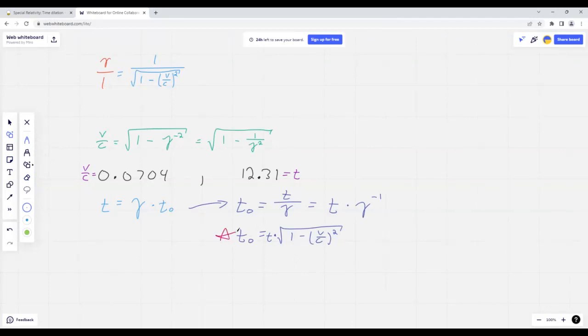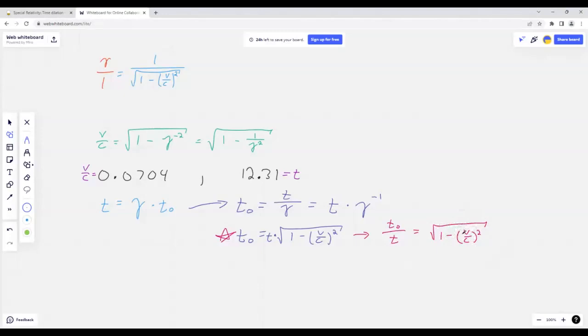So if we look from this point and we're trying to get V over C by itself, then we want that T to go away. So we would divide by T. And that's going to tell us that T0 over T, so proper time divided by observed time, is equal to the square root of 1 minus V over C squared.